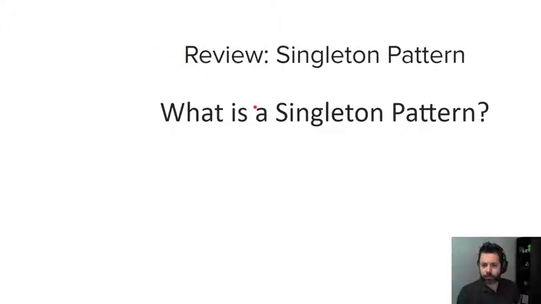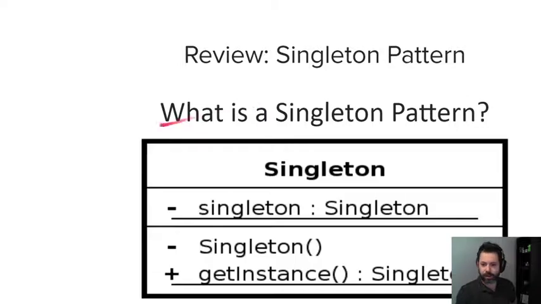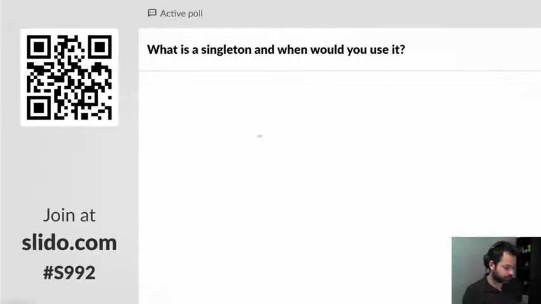But first up, what is a singleton pattern? If we remember from way back when, singleton has a few particulars, right? We have a private instance, we have a private constructor, and then a public call to get instance. So my question for all of you is, what is a singleton, and when would you use it? This should be a little text entry field.